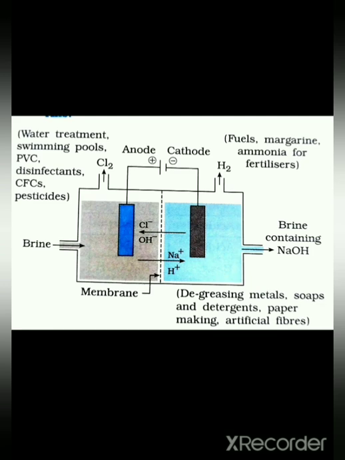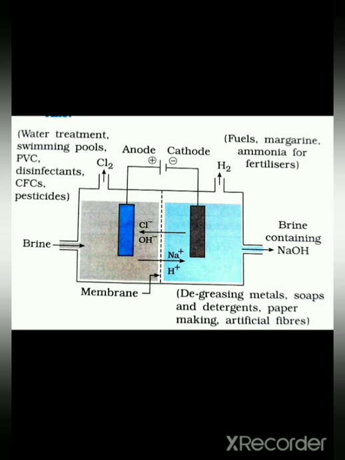Uses of sodium hydroxide. Sodium hydroxide is used for degreasing metals, then in the preparation of soap and detergents. Sodium hydroxide is used to clean the metals, to degrease, to remove oil and grease of the metals.